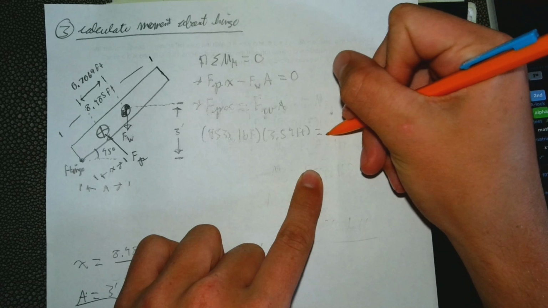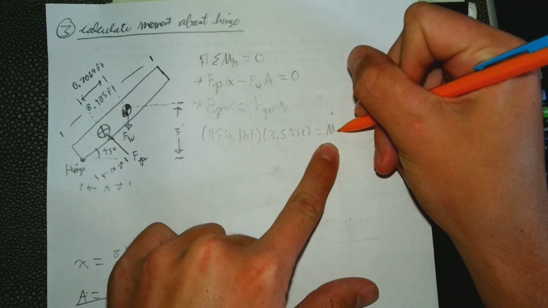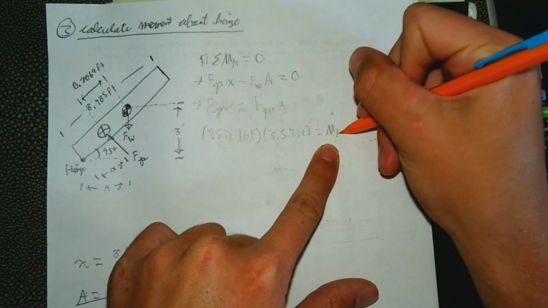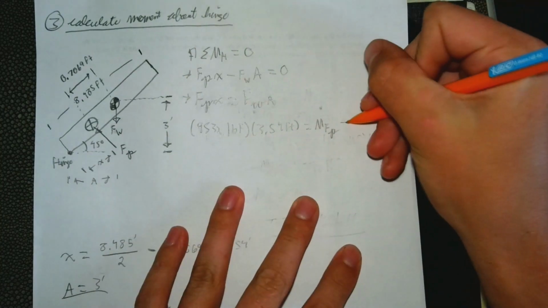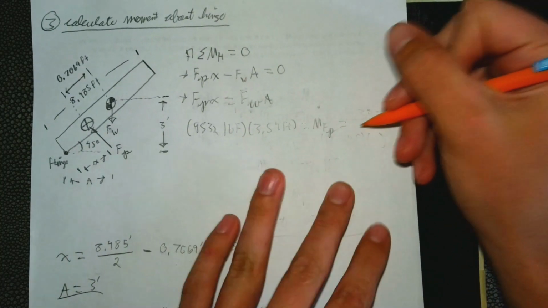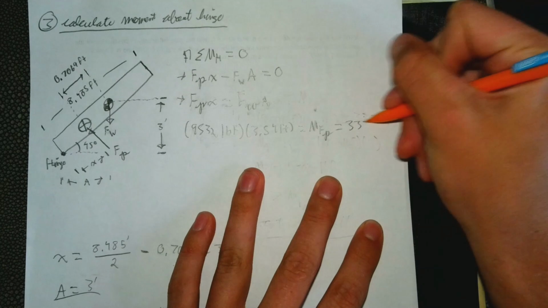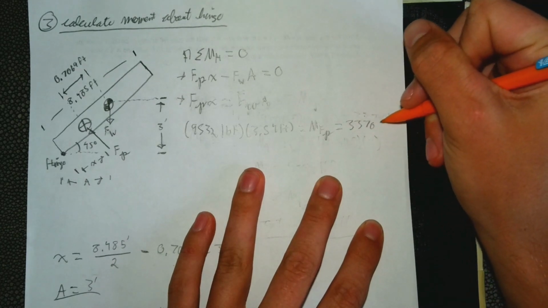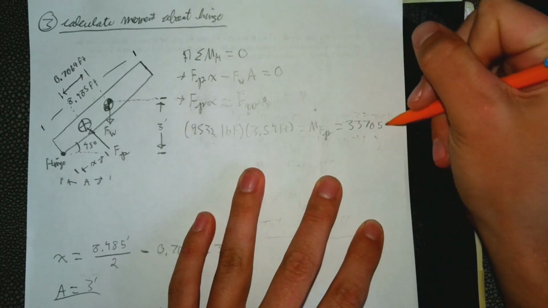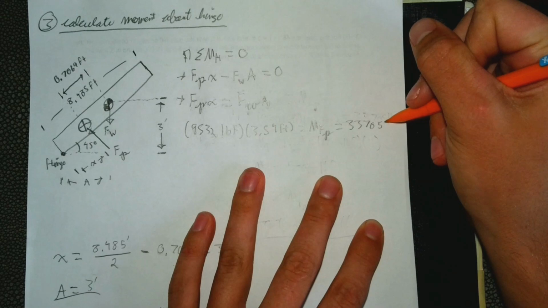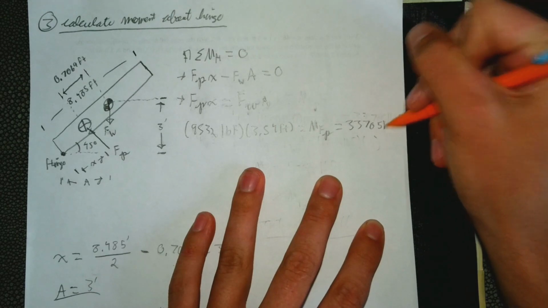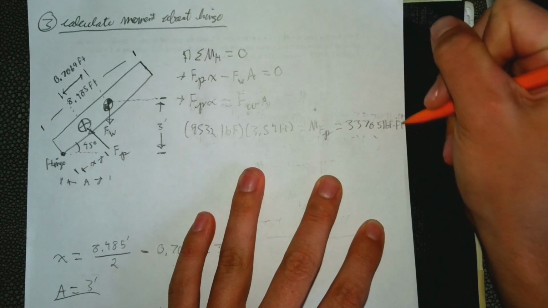We'll call this the moment by the pressure force. And if you put that in a calculator, we will get 33,705 pounds force times feet.